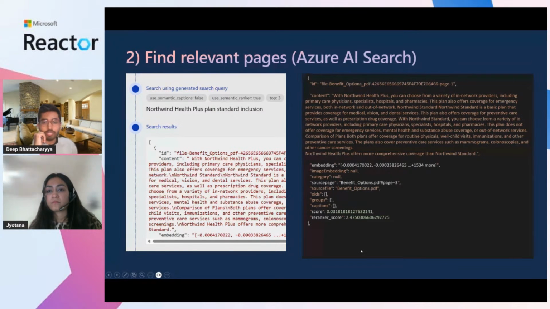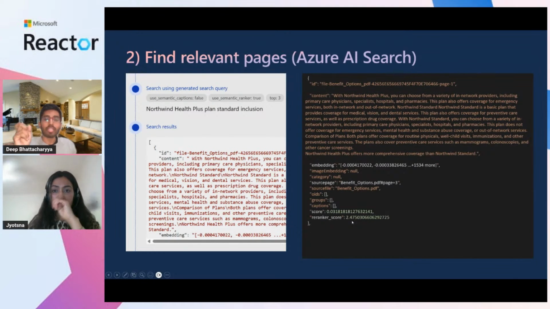Now, I want to draw your attention to a couple of different parts of the search result. One thing is called the embedding, which we'll get to in a second. It's a numerical representation of the result. It also has the source page, the source file, which is where it's got that information from. It's got a score and a re-ranker score.